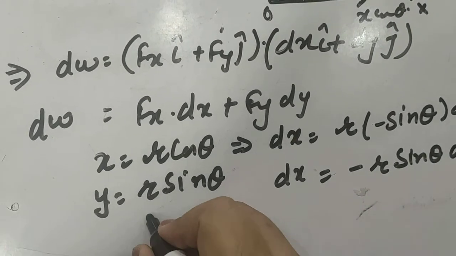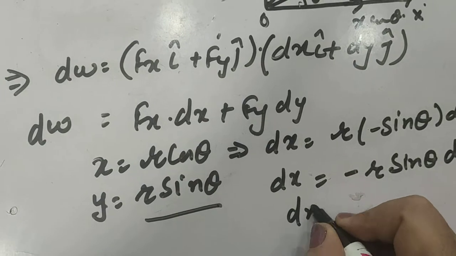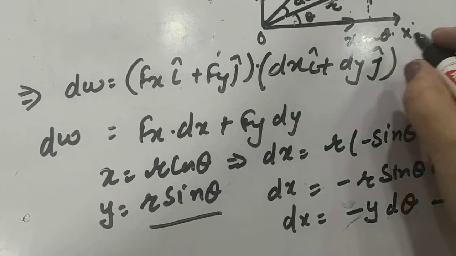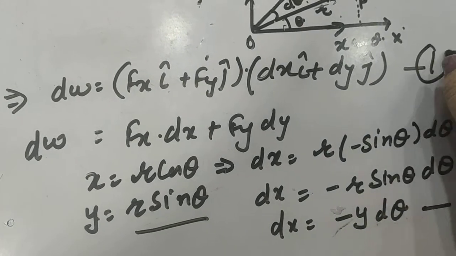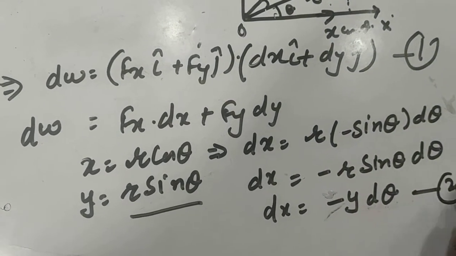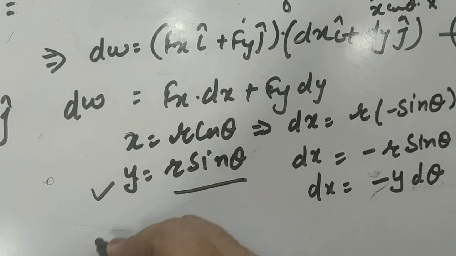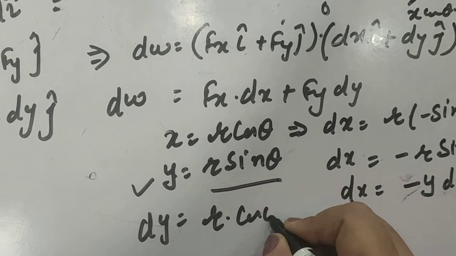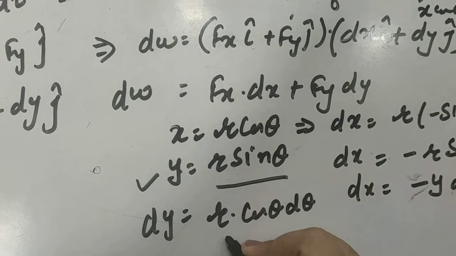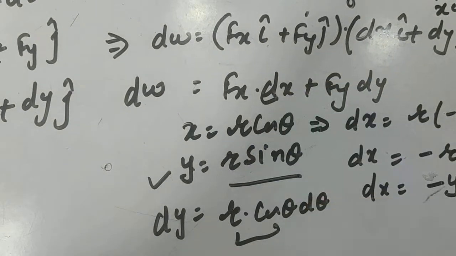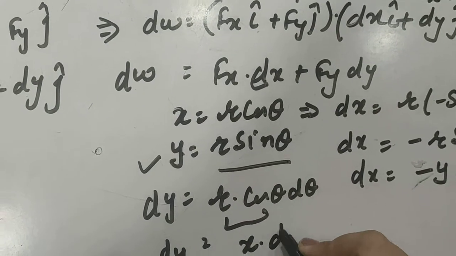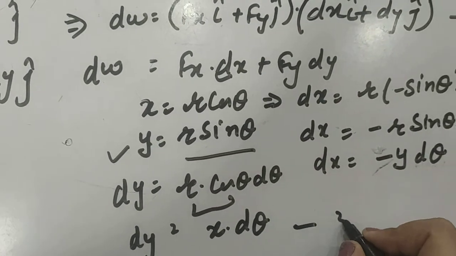We can write r sin theta as y, so dx is equal to minus y d theta. Give it number 2. Similarly, differentiating y, we have dy is equal to r cos theta d theta. Now what is r cos theta? It is x. So dy is equal to x d theta. This is number 3.